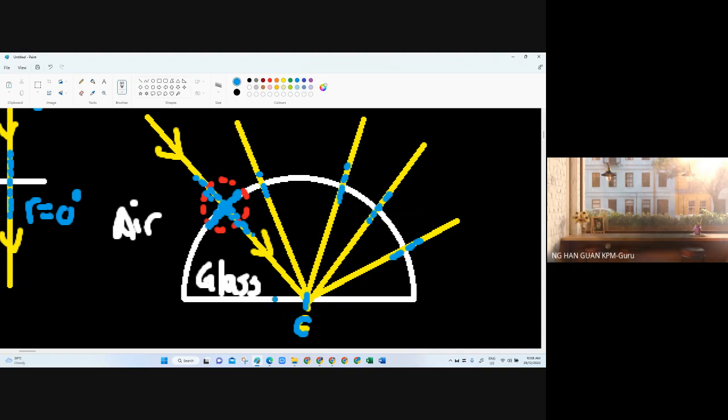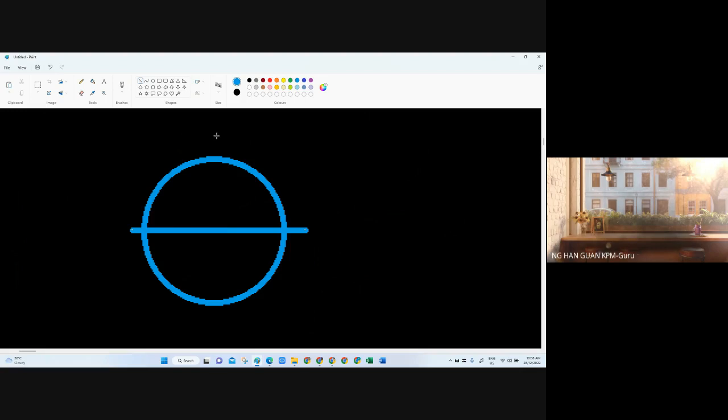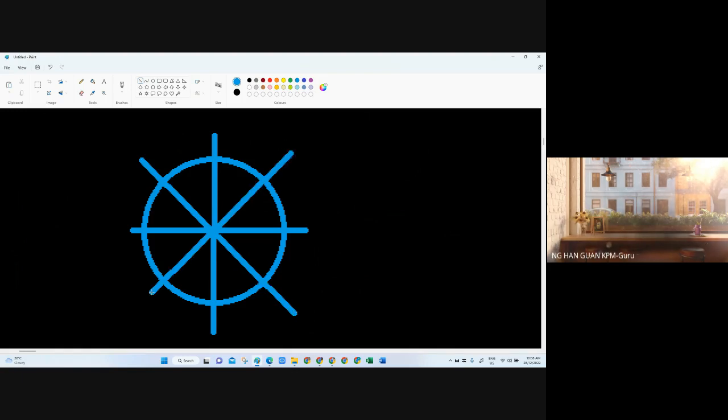So this happens on the semicircular glass, just like you learn in mathematics for the circle. When you have a circle, all the light that passes through the center will always be perpendicular to the surface, like this one.